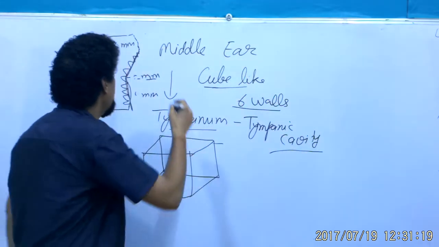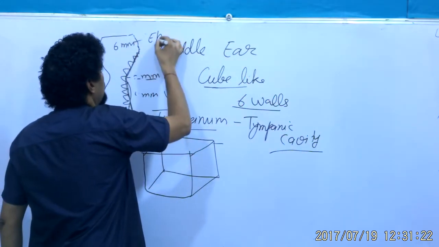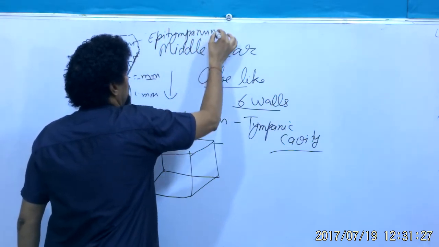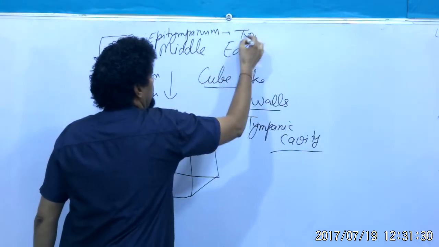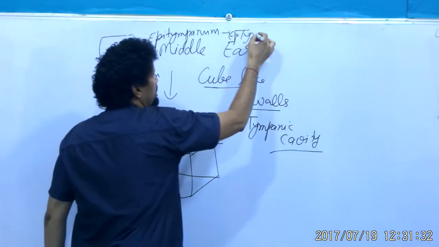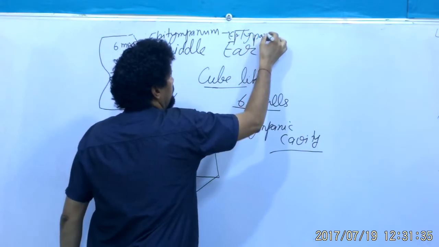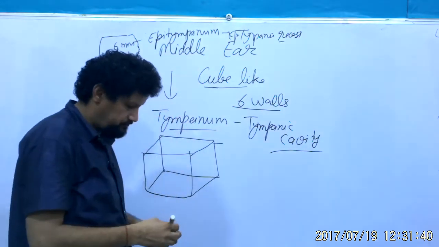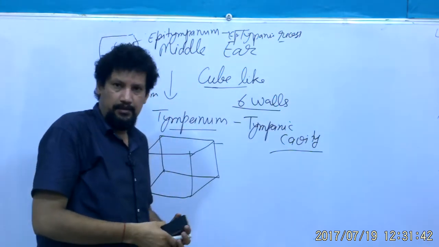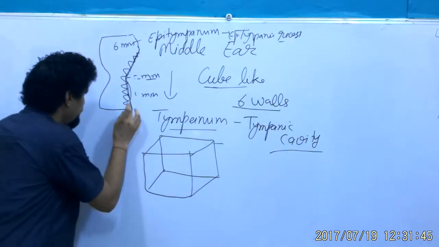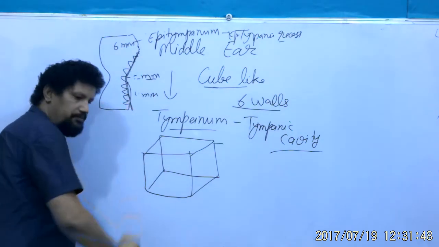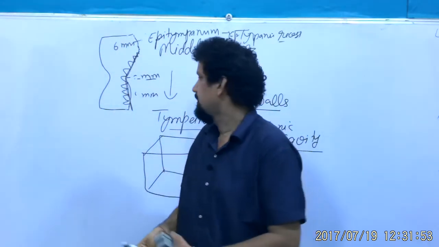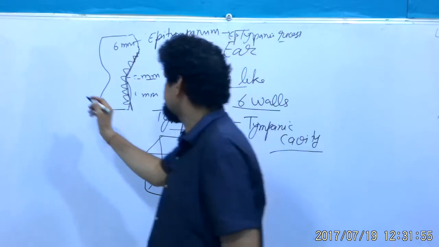The part of the middle ear above the tympanic membrane is known as epitympanum or epitympanic recess. Sometimes the very small part of the cavity, the lowermost part, is known as hypotympanum, and this part is known as tympanum.